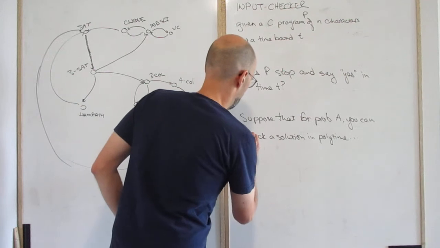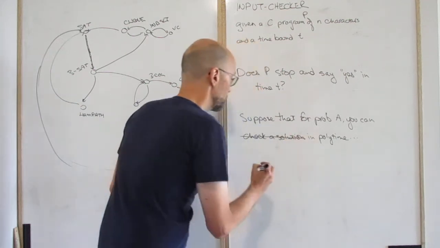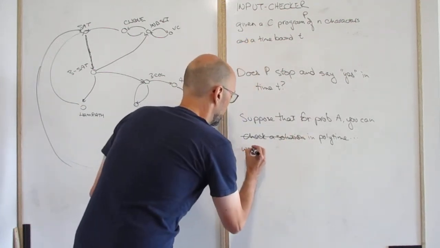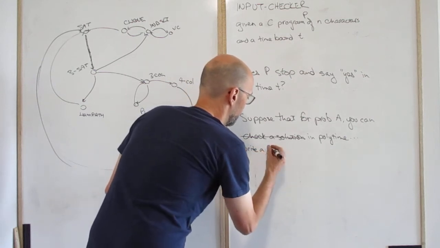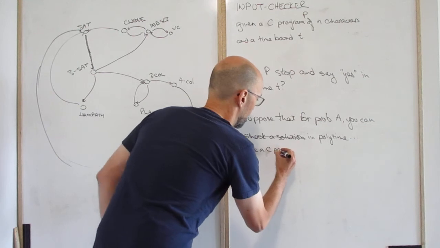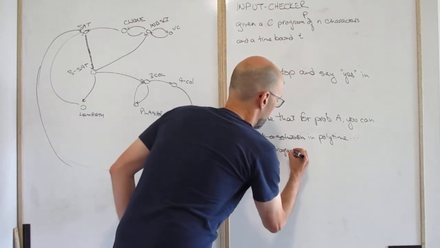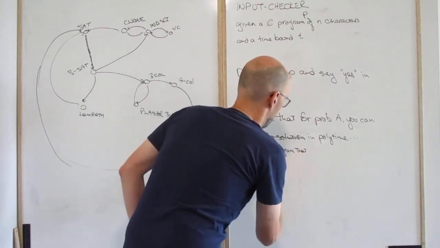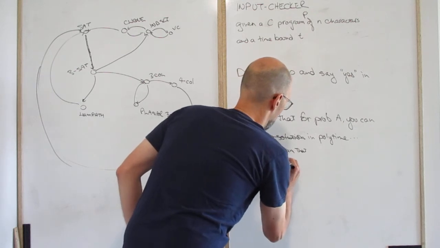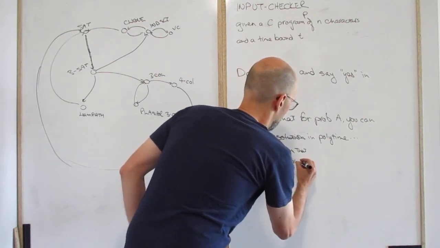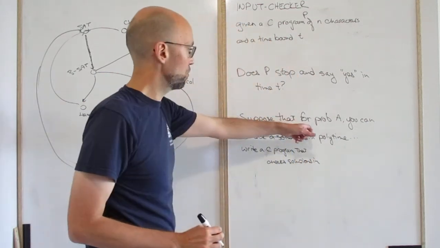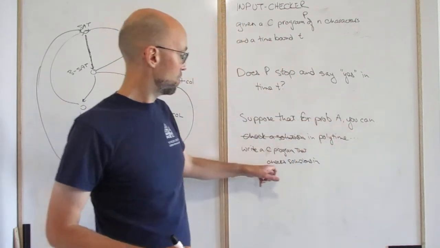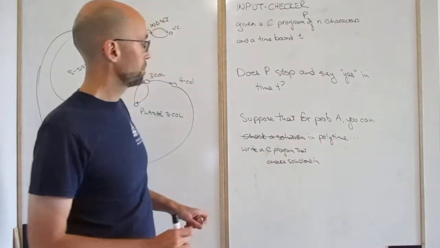We're going to replace that by, you can write a C program that checks solutions in polytime. So suppose you can write a C program that checks solutions in polytime.